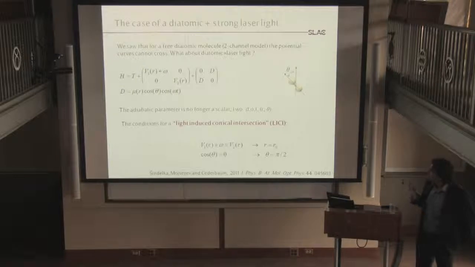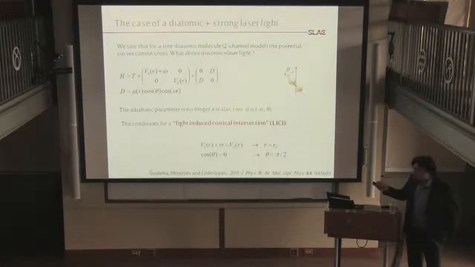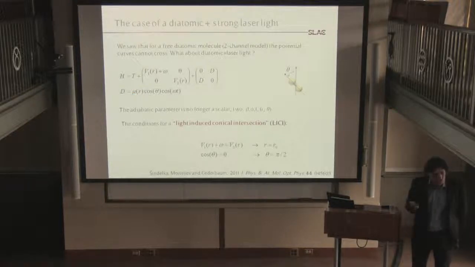We still have this dipole coupling, and now I define this dipole coupling to be some function of the internuclear separation. This can be a constant for this matter, it doesn't really matter, times some energy that the field has. If it's really Floquet, then it's a CW, so I'm just trying to illustrate what I mean here. And there's some angle between the polarization of the field and the molecular axis.